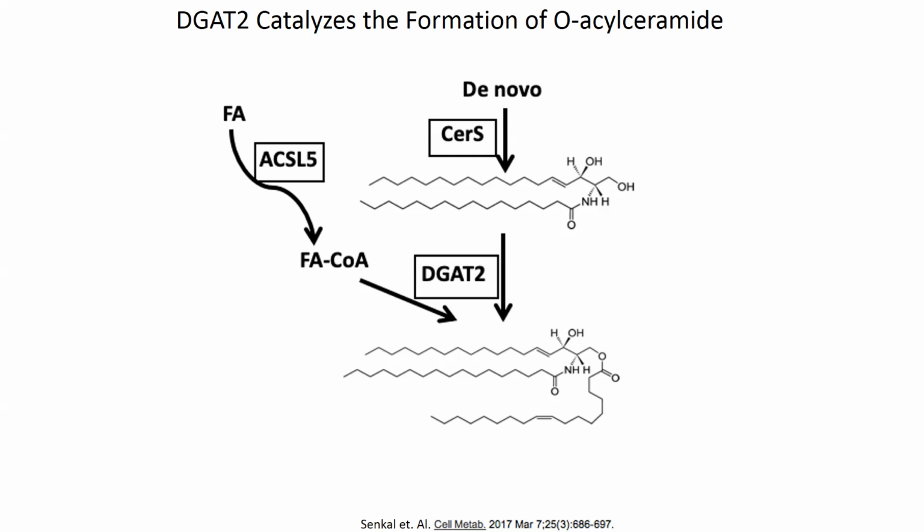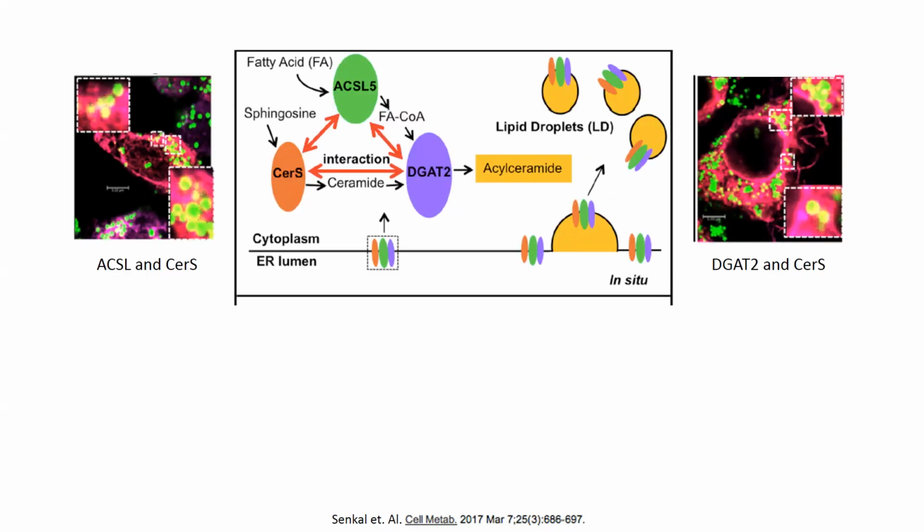And now I'm going to tell you our newer data that's unpublished about the implications of this. So from that paper, the conclusion was that fatty acids come into ACSL. They interact with ceramide synthase and with DGAT, diacylglycerol acyl transferase, to make acyl ceramide, and that this acyl ceramide is incorporated into lipid droplets.